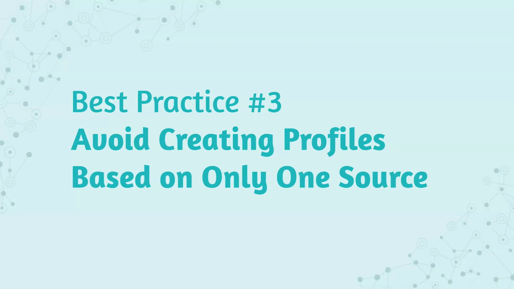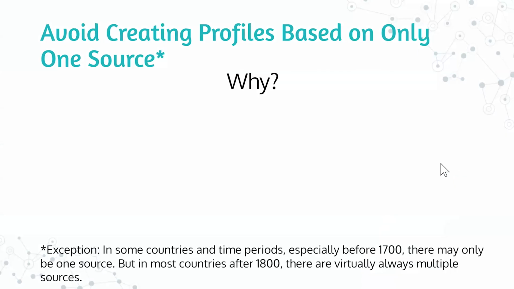Family history is more of an art than a science, and not everybody has those magic 5 sources or whatever. And so we want to do our best, right? We want to be complete and accurate. But really, the bottom line is that creating a family tree profile based on only one source is problematic. And so I decided to leave it phrased negatively. I apologize for that, but I think there's a benefit to stating it that way.